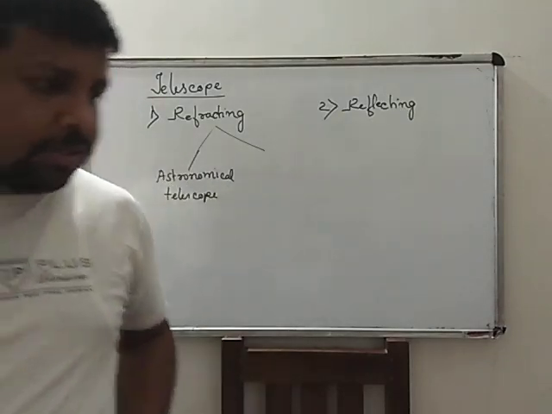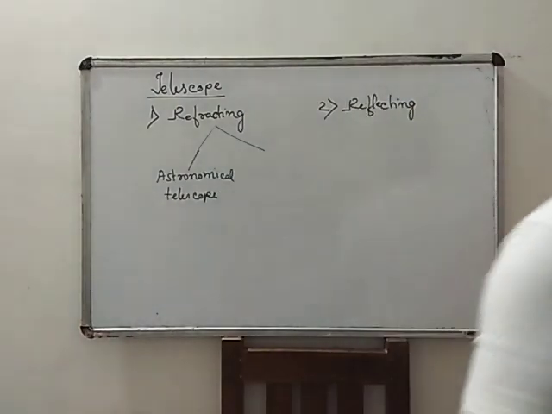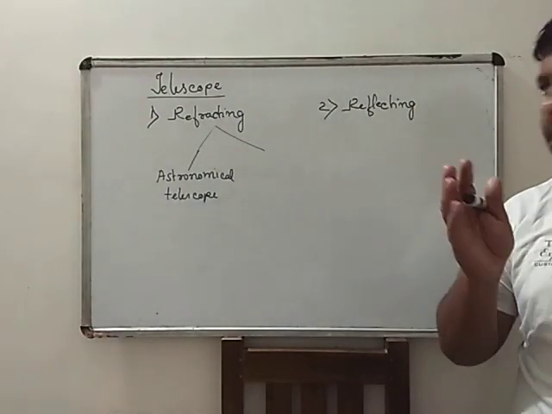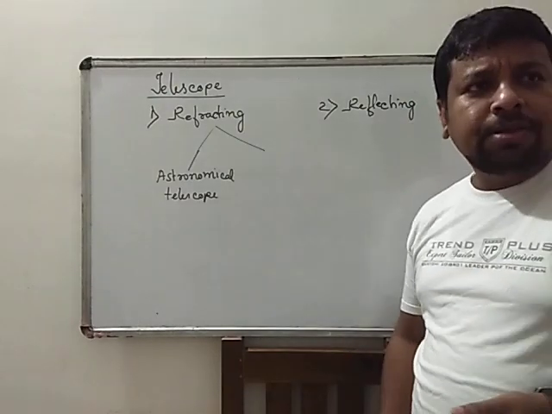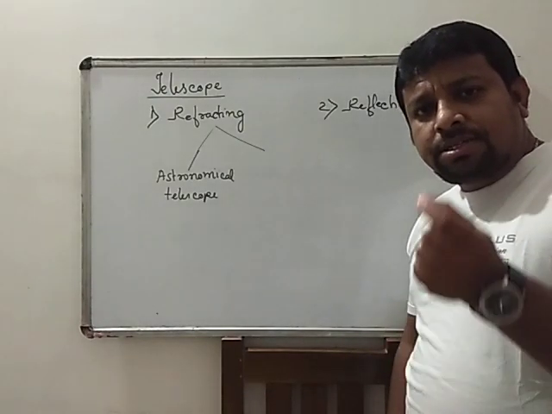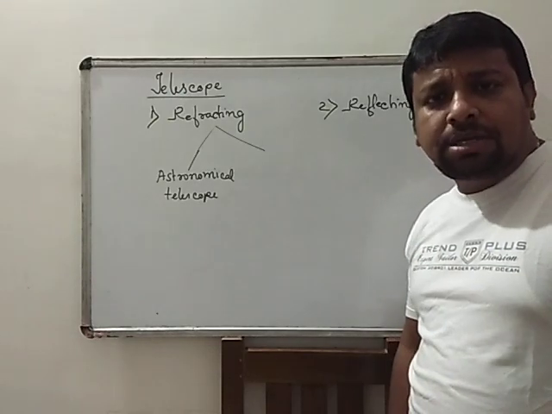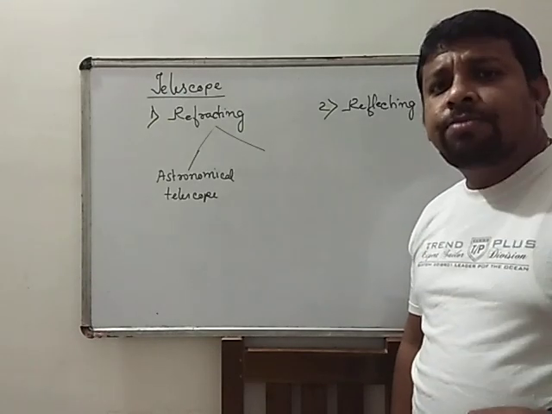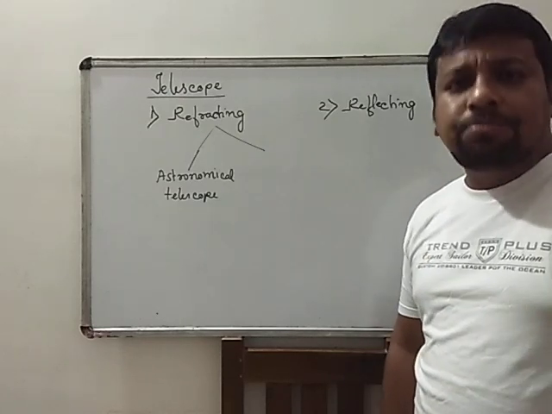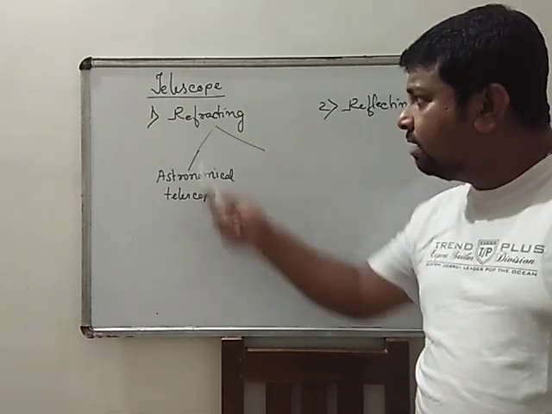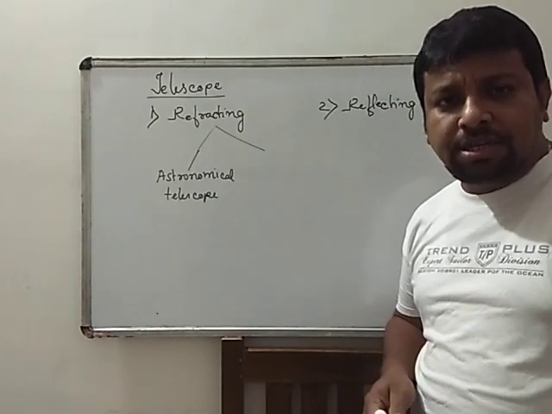That means it is the device used to see objects at a far distance from the earth, like the moon, planets, and galaxies.